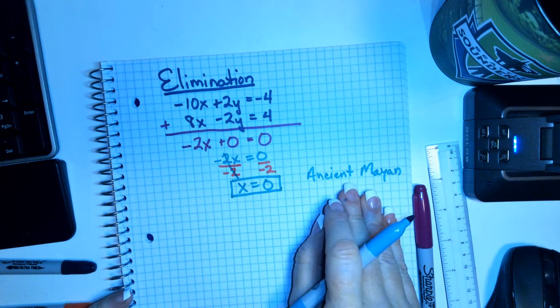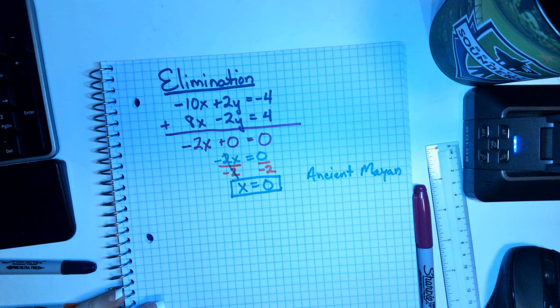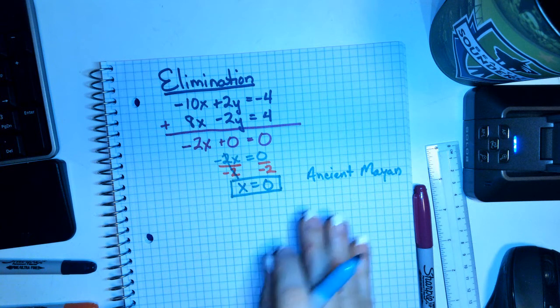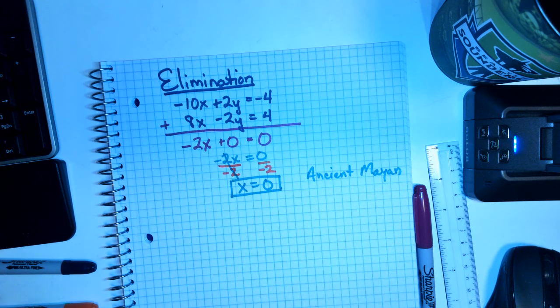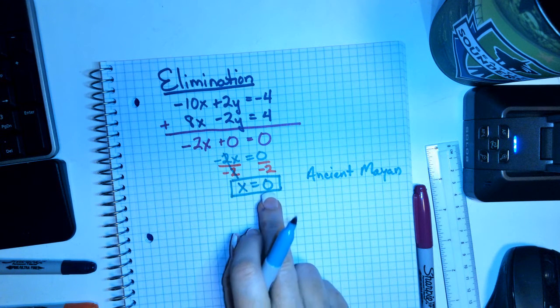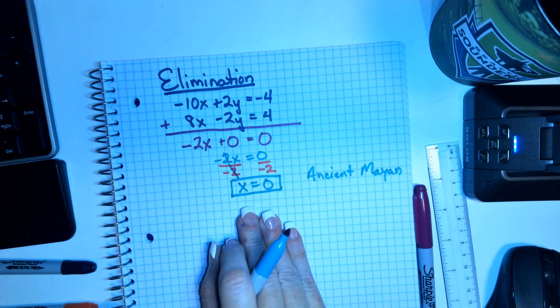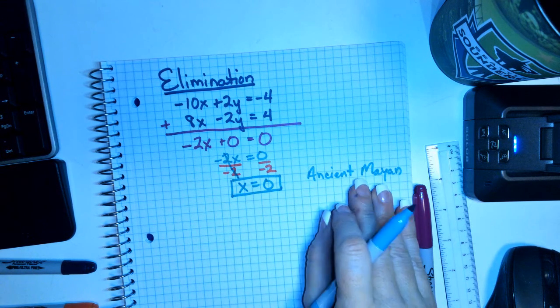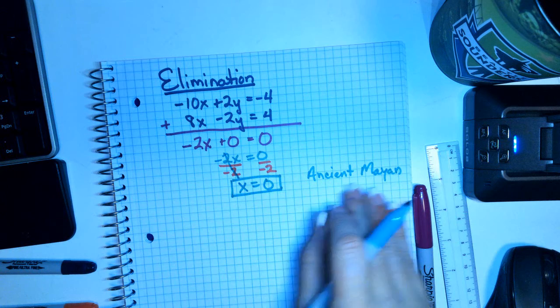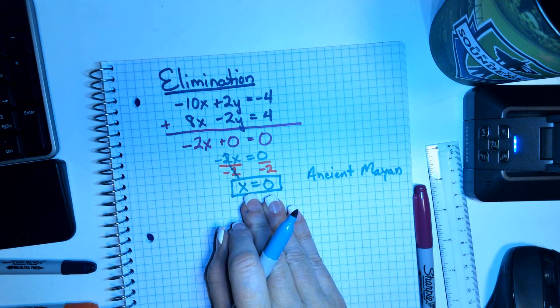The Mayan Empire was huge, and they were the first to actually write the number 0. So even though it can feel like it's nothing, it's actually a number, and fortunately, because of the ancient Mayans, we were able to start writing it down.